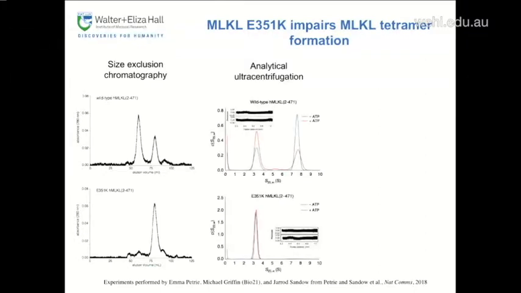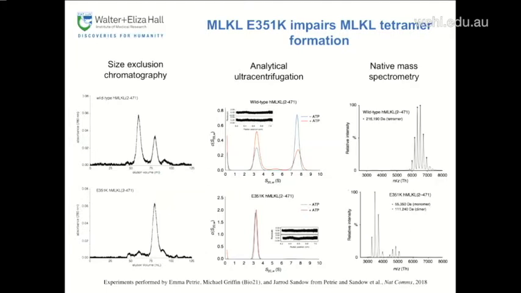This was verified again at Bio21 with analytical ultracentrifugation. These are in the opposite order here, so you get a low molecular weight and a high molecular weight species appearing for wild-type MLKL, but with the E351 mutant you only get the low molecular weight species.